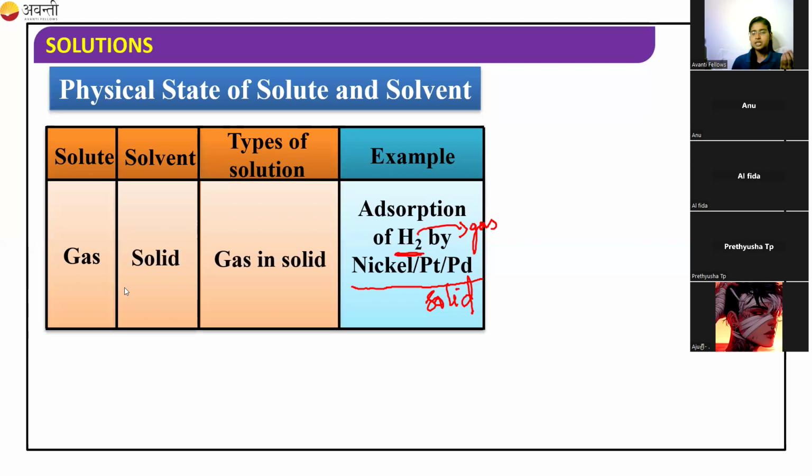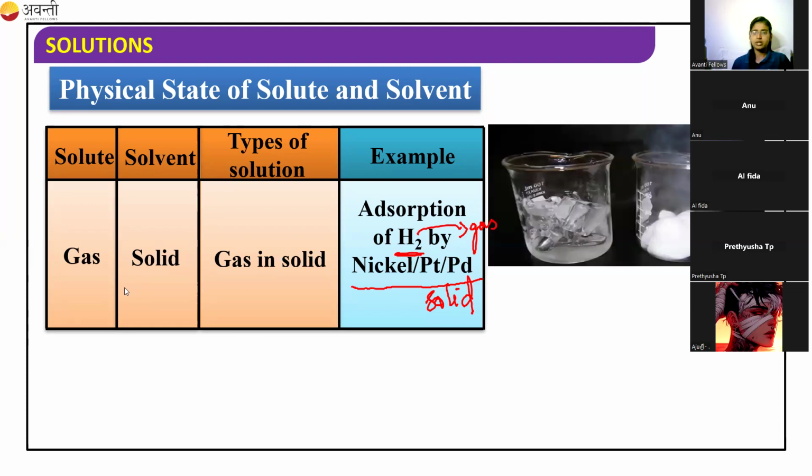Adsorption means accumulation of that particular substance on the surface. It will not get absorbed, it is getting adsorbed. It will be present only at the surface. It will not go inside. Got it? Now I'll show you the picture, so you can understand. We have a metal and the hydrogen gas is getting adsorbed on the surface of that metal. So it is also an example for solution, gas and solid.